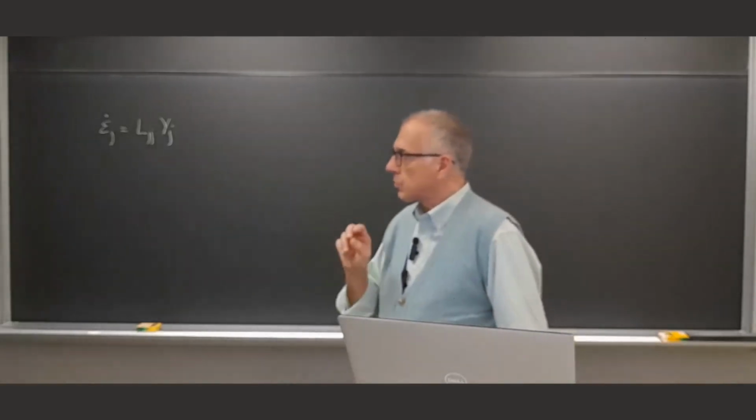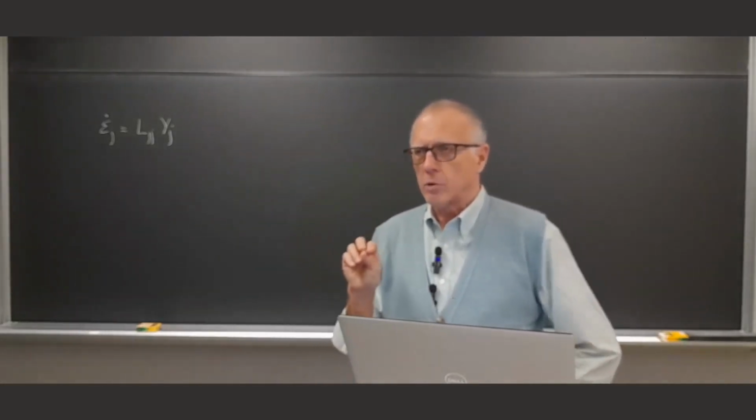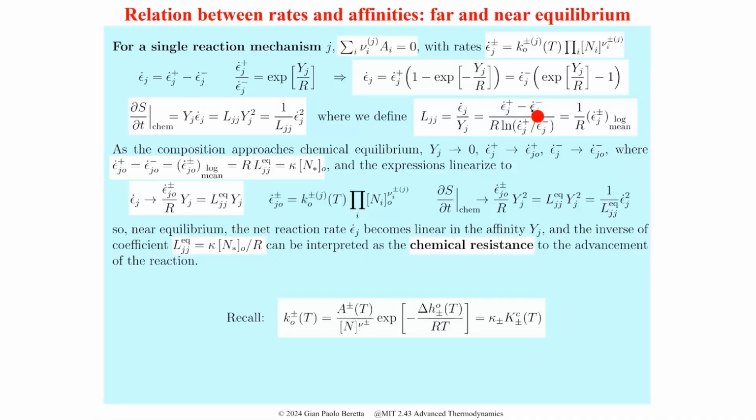Now we are interested in seeing what happens if we are near equilibrium. You know that at equilibrium, the affinity is equal to 0. So if we approach equilibrium, so the affinity is small, positive or negative, but small, then we can linearize these expressions here.